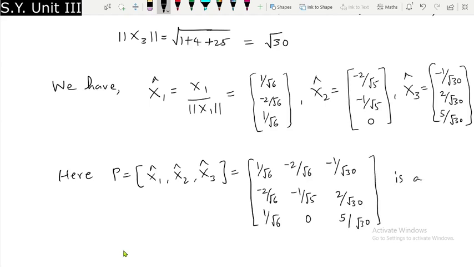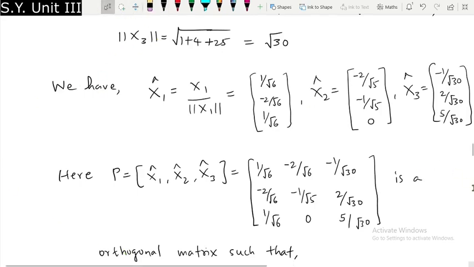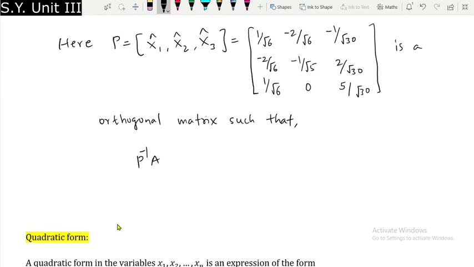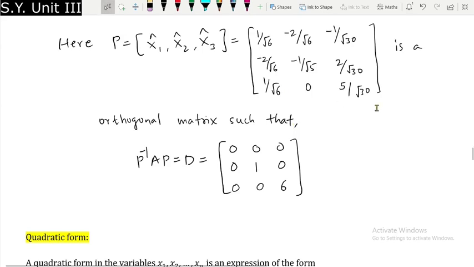It is an orthogonal matrix such that P inverse AP is equal to the diagonal matrix. And what is my diagonal matrix? 0 0 0, 0 1 0 and 0 0 6. Okay, and that is what I wanted to prove. So I have found out orthogonal matrix P such that this is happening. Okay, so that's all then for this example.